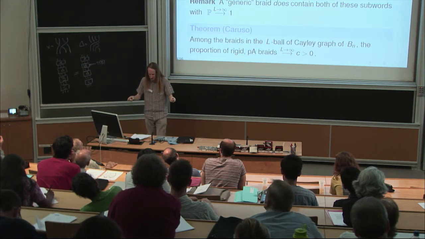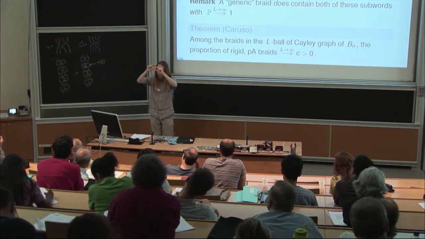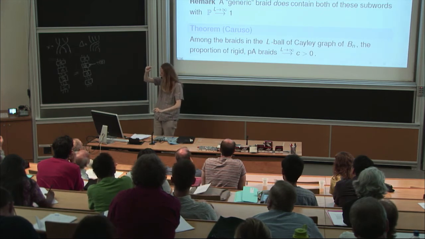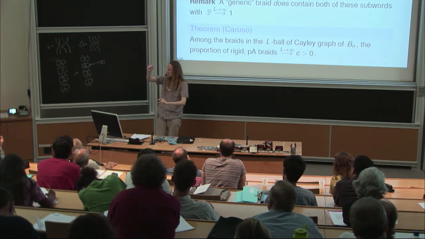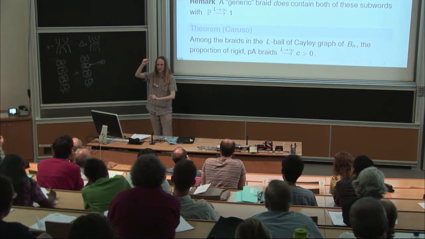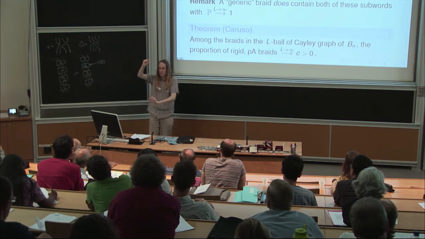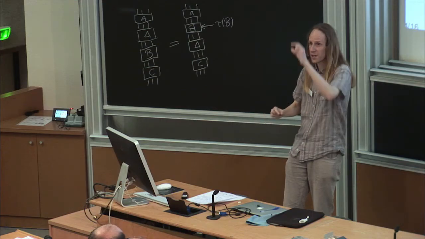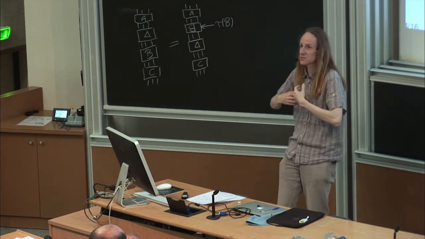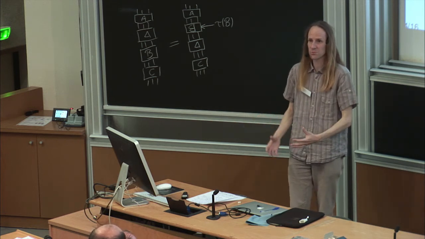Why is that? Well, if you fix the first factor and you look among all braids of length L, which simple braids occur with which frequency as the last factor of that braid, you get some probability distribution on the set of simple braids, and as the length tends to infinity, that tends to some stable probability distribution on the set of simple braids.